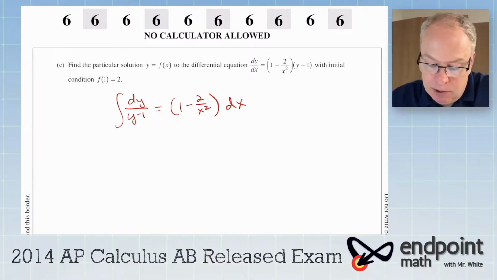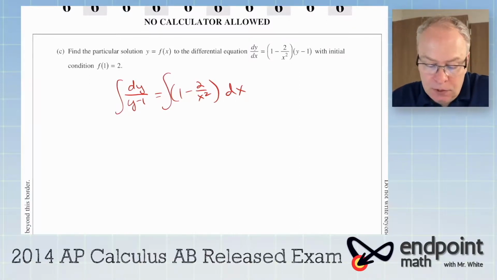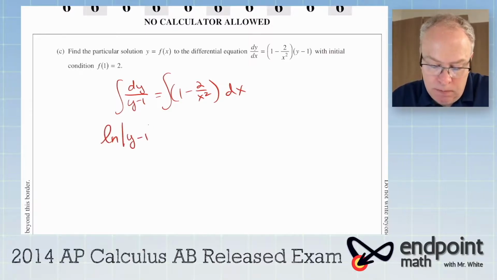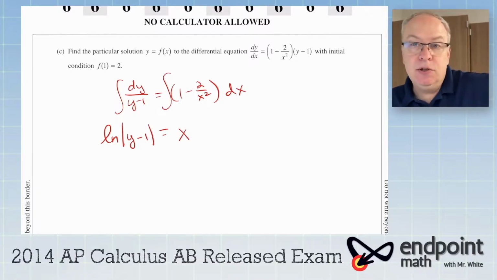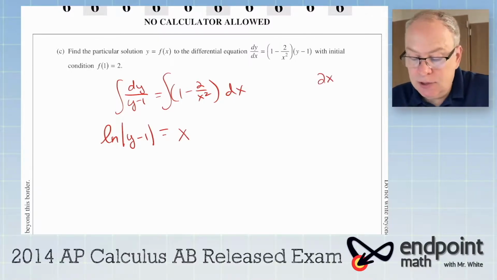Now we're going to integrate both sides. This is the natural log of y minus 1 equals x. All right, so the exponent here, this is 2x to the negative second, is what this is right here.